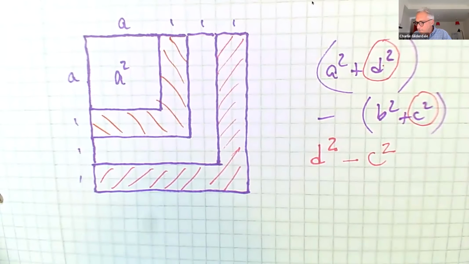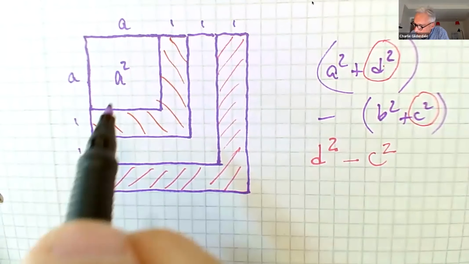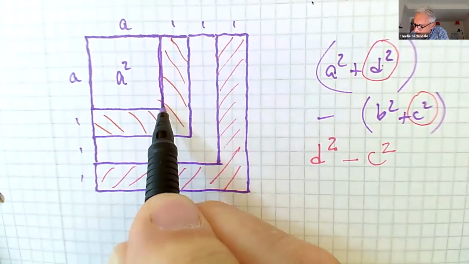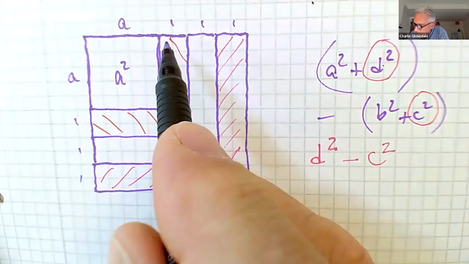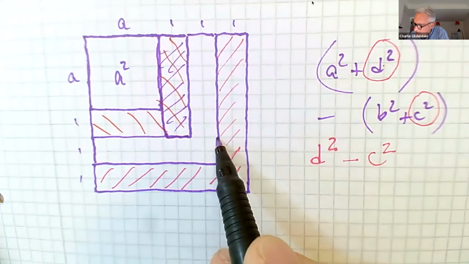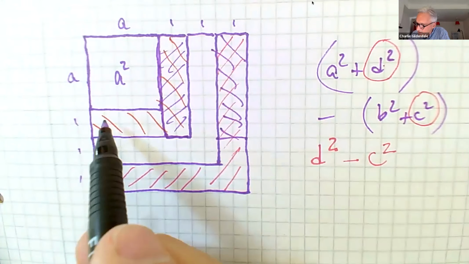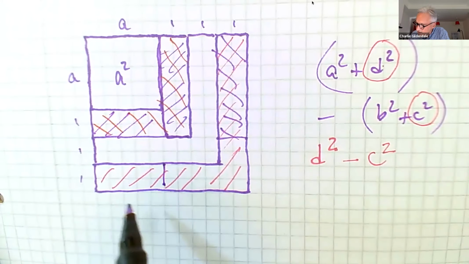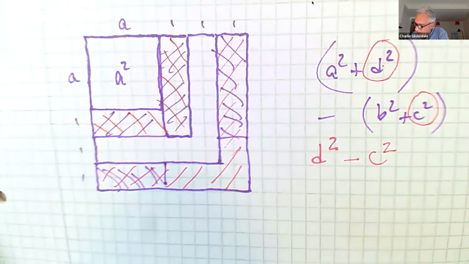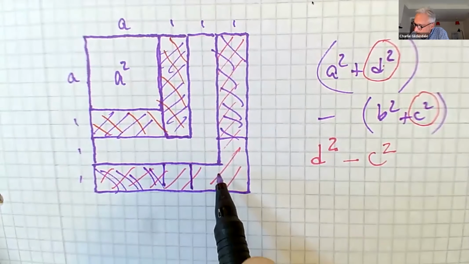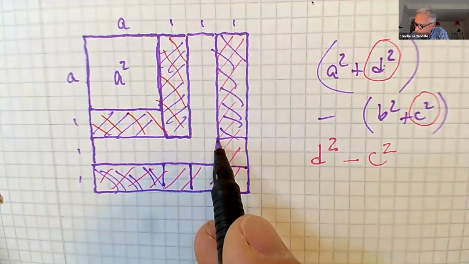So let me go back to purple. I'm looking at the difference between these two. This bit here is the same as that bit there. And this bit here is the same as this bit here. And so I'm left with 1, 2, 3, 4.